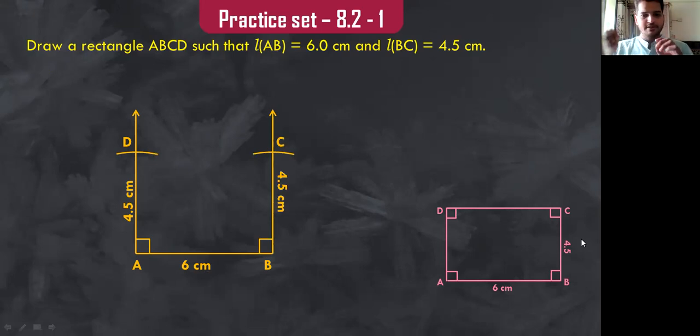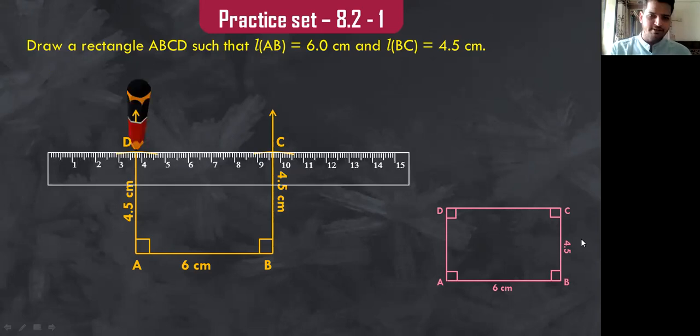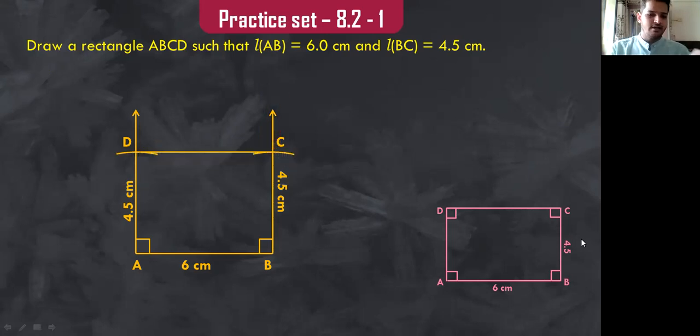Now we have got point C and point D clearly. We will join them with the help of a scale, and if you observe carefully, our rectangle ABCD is constructed successfully. Okay, students?